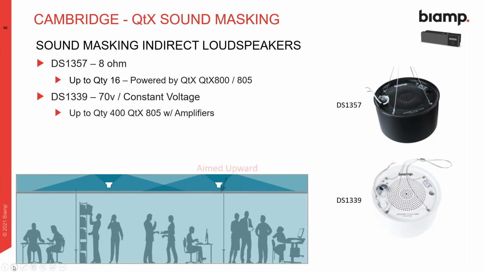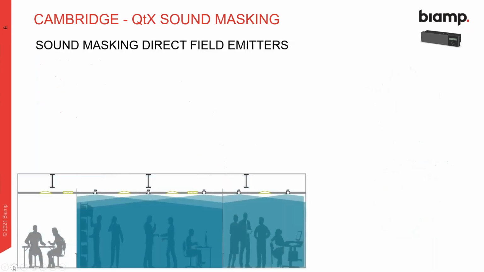And then we have the DS1339, which is the loudspeaker with a transformer to do 70 volt approaches as well. Both of these loudspeakers are designed for upfiring type approaches above the ceiling when those become applicable.